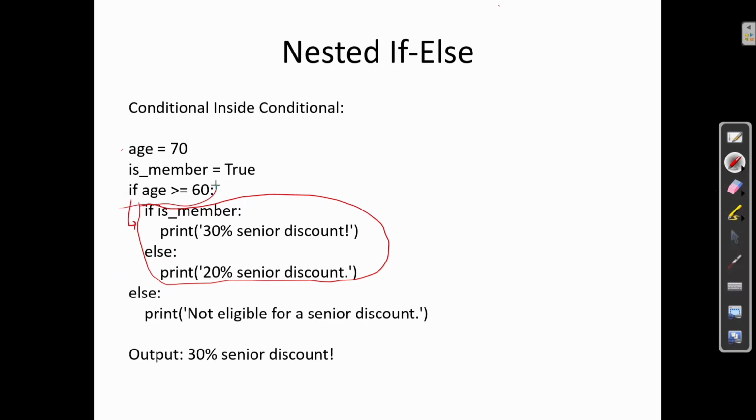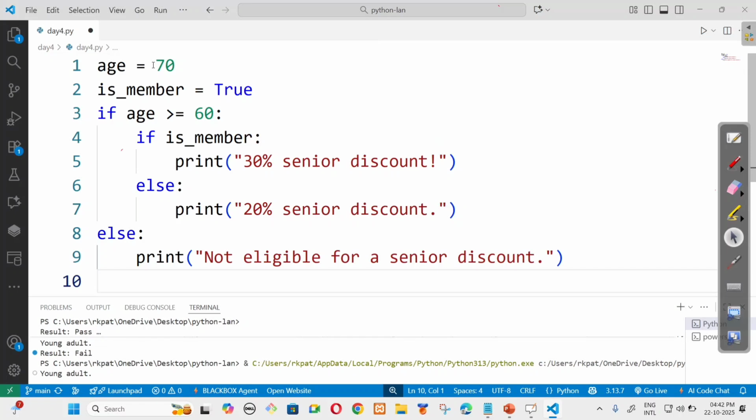If your age is greater than 60, then this will be executed, otherwise this will be executed. If your age is not greater than 60, say 25, 50, or even 59, then it will print not eligible for senior discount. Okay, this is our program for the nested if else condition.